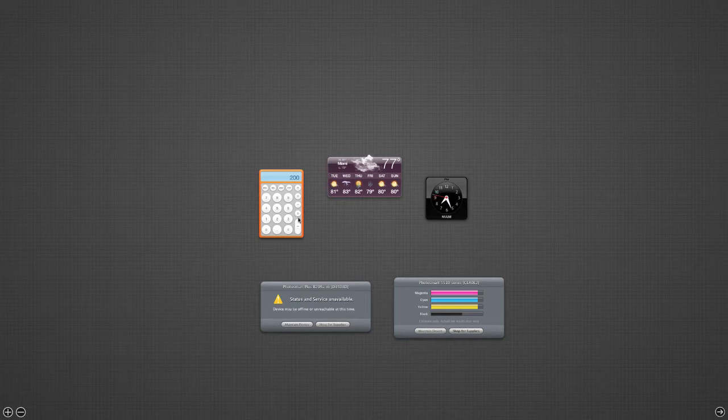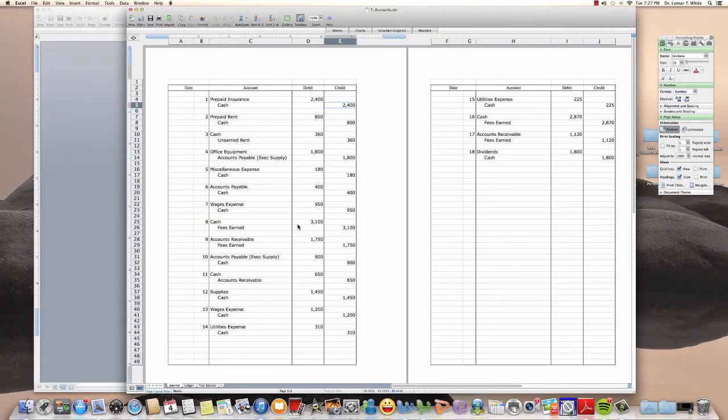Now I'm going to multiply that by 7 because I prepaid it in June and I've used up insurance for 7 months. So multiply that by 7 and I have $1,400. I have used up insurance in the amount of $1,400.